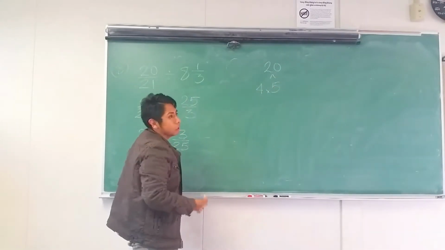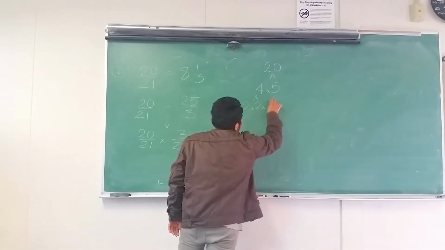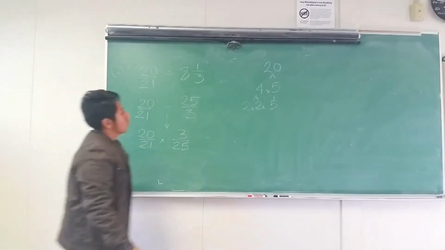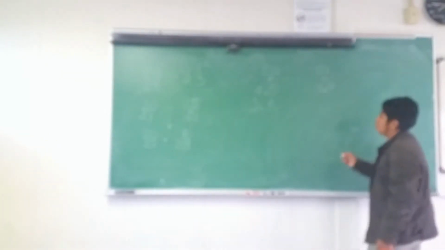And that 4 is going to be 2 times 2. Excellent. Bring the 5 down. What about the 21? What times what gives me 21? 3 times 7. That 3 is a prime number, so 25. What times what gives me 25?